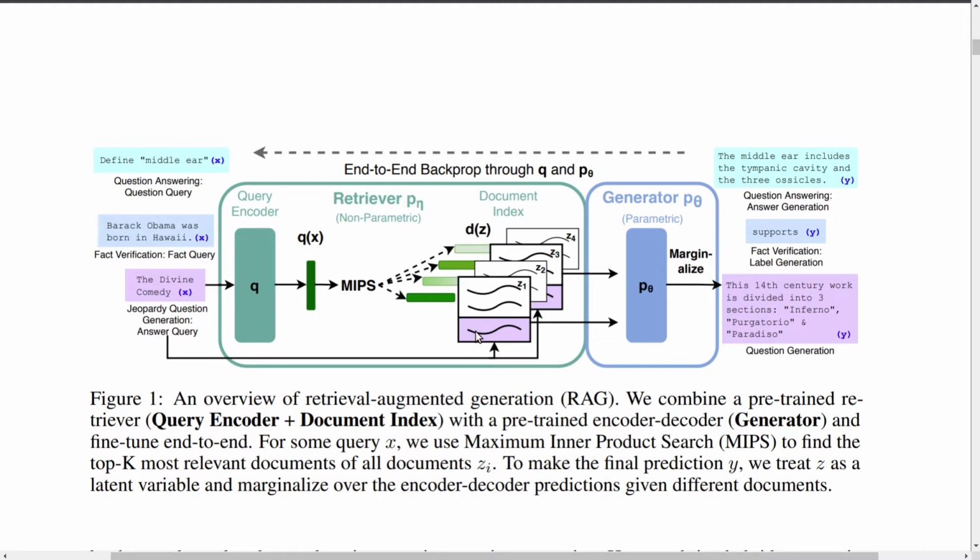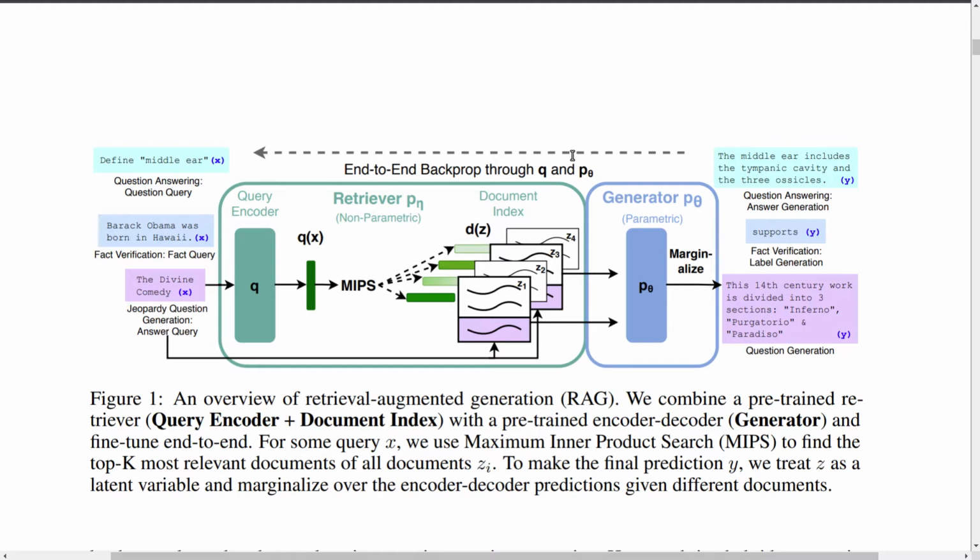You retrieve those documents, and then you input those documents as well as the input sequence to a standard sequence model like BART. You condition the generator on all of these to generate the final answer, like "the middle ear includes the tympanic cavity and the 3 ossicles."